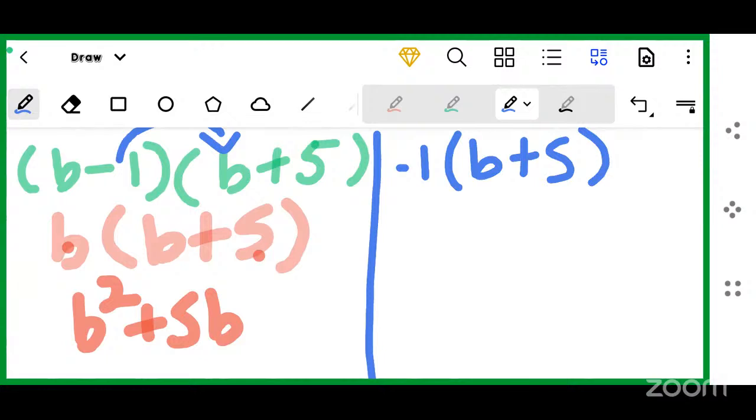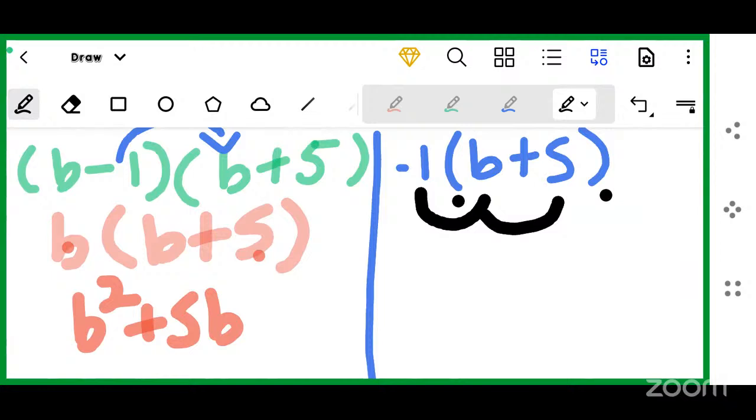So what is your negative 1 multiplied by b? Ma'am, can you please repeat the question? Okay, so now we are trying to remove the brackets here. Negative 1 multiplied by b, negative 1 multiplied by 5. What is negative 1 multiplied by b?